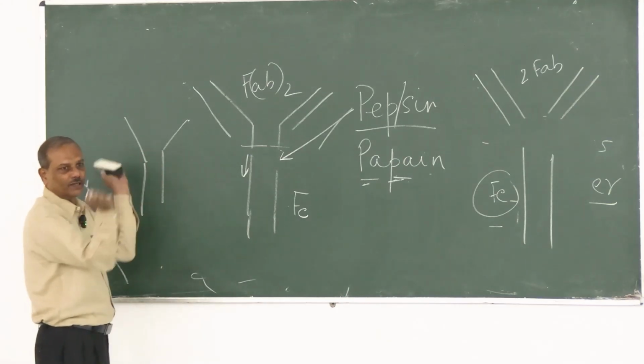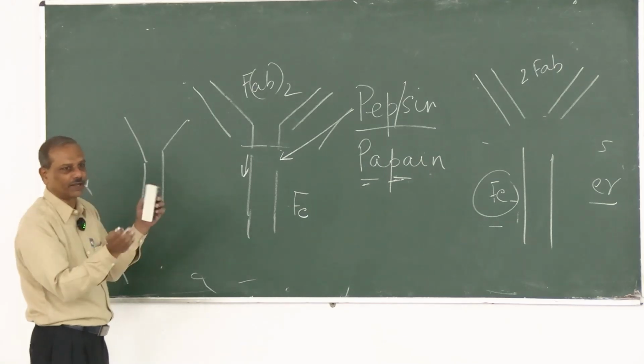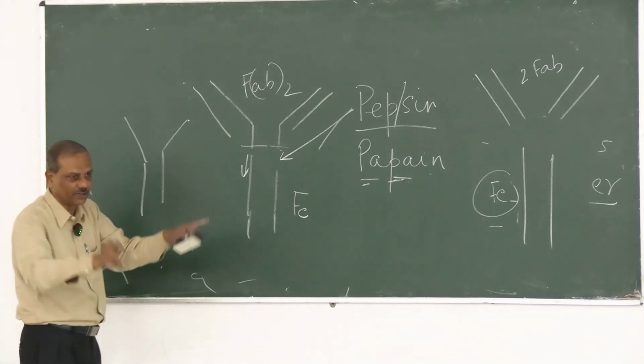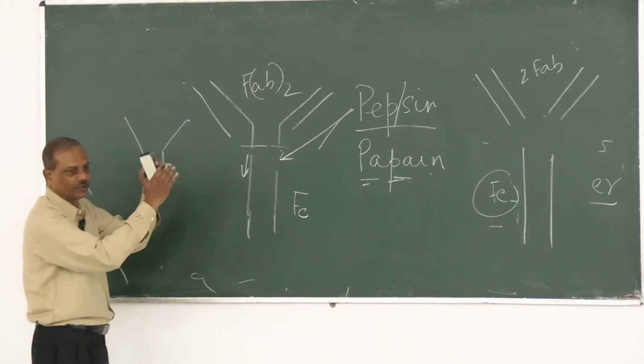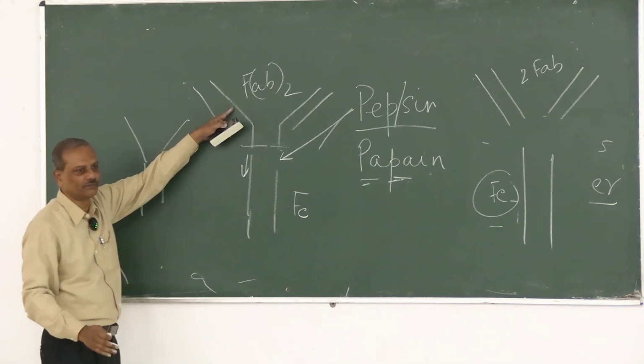This Y region can flex, bind, and tightly accommodate also. If there are two identical antigens and the antigens are bigger, then it can bind tightly because the two hands can come together. If I make a fragment like this, it will not be able to do that.